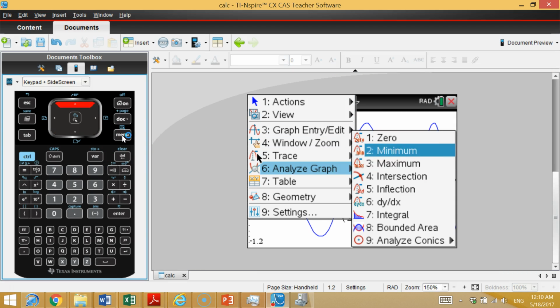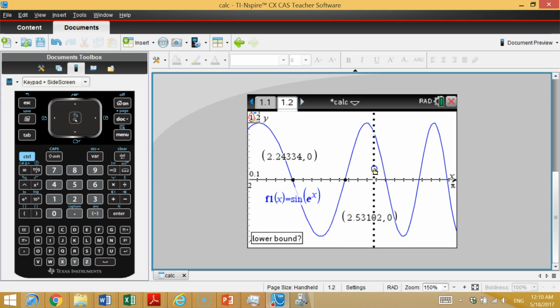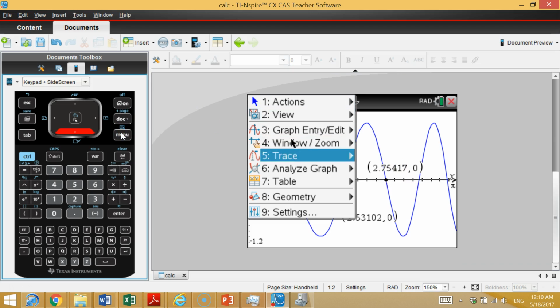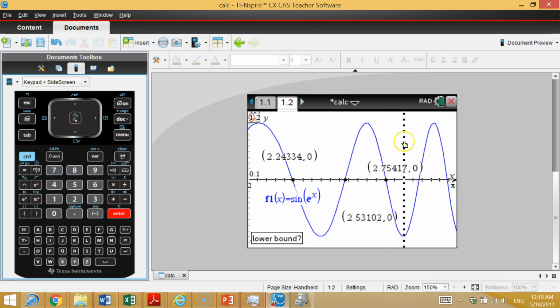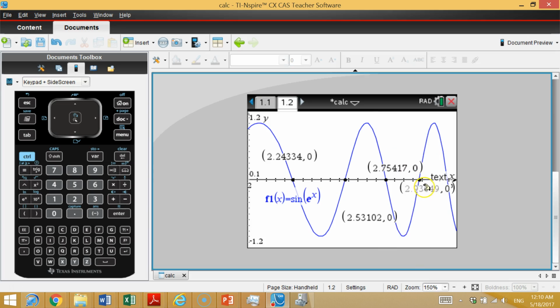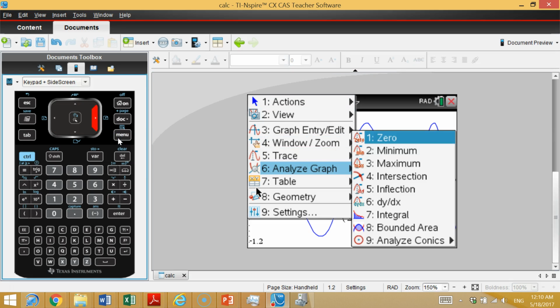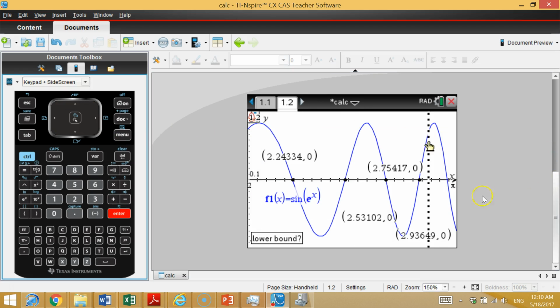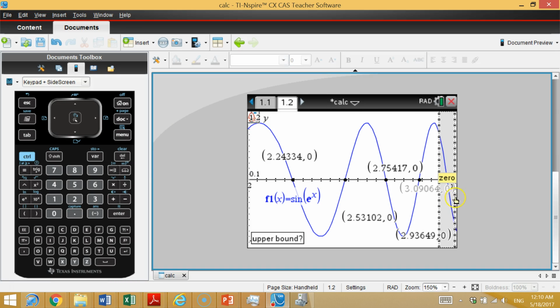Analyze Graph, Zero. Scroll through. 2 more. Menu, Analyze Graph, Zero. Scroll through. And one last one here. Menu, Analyze Graph. Should have made my interval smaller. Goodness. All right, there we go. We have our 5 zeros between 2 and pi.